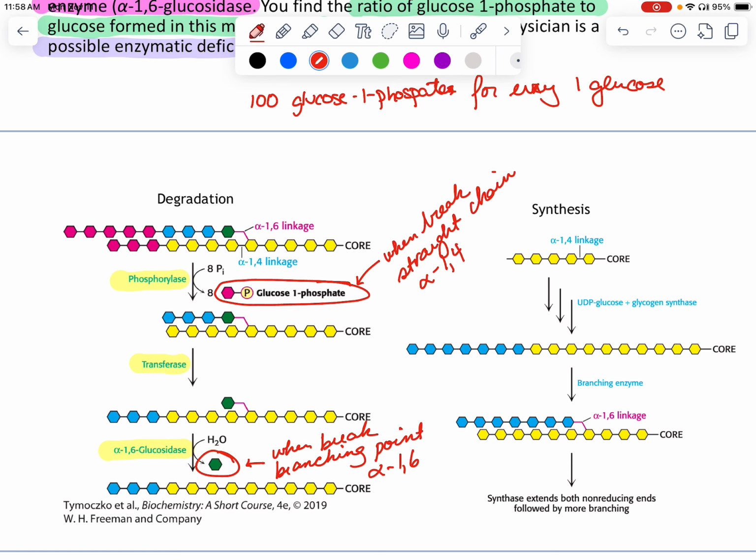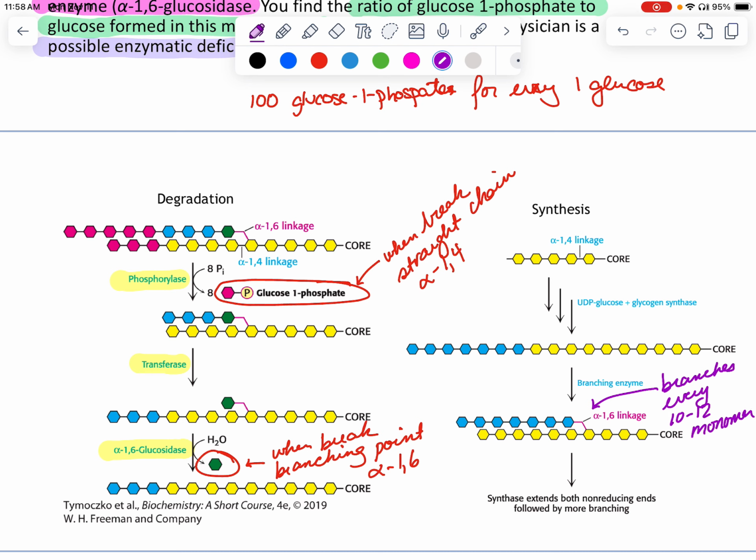If you think back to what we said, we get a branch, right? We expect that these branches form every 10 to 12 monomer units.